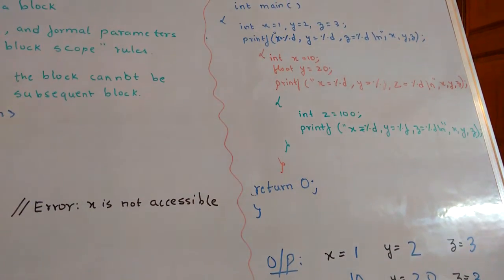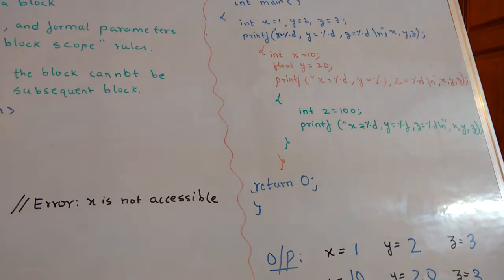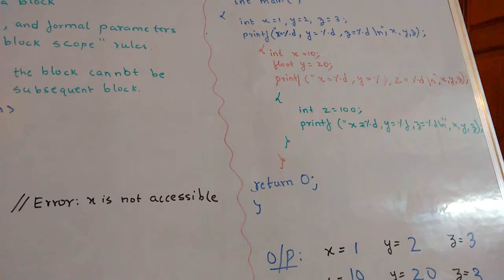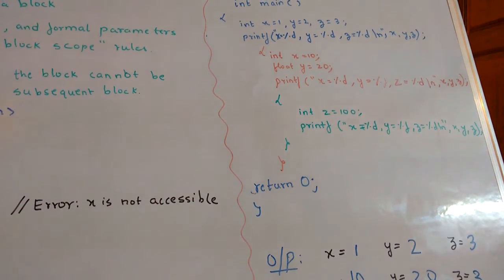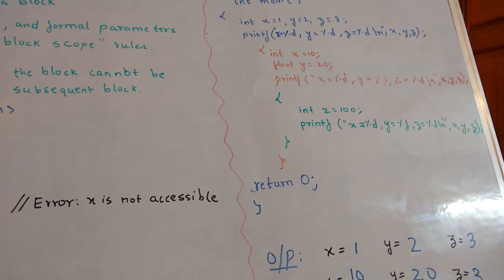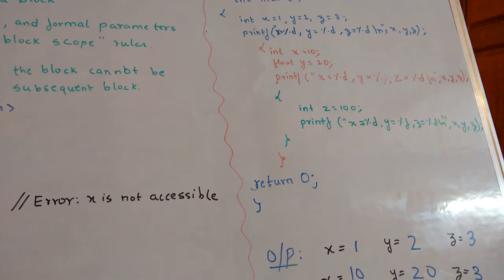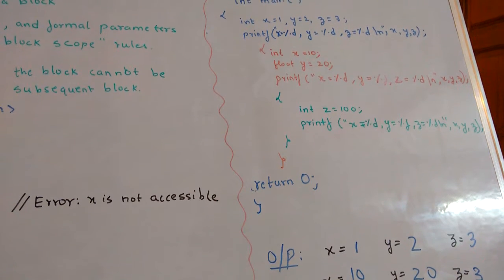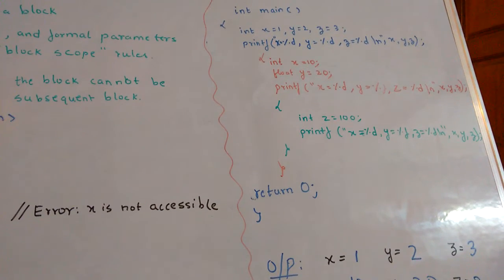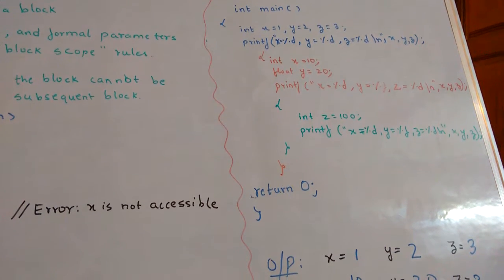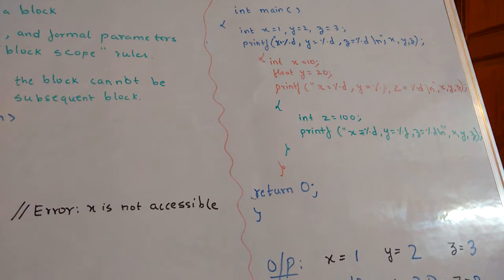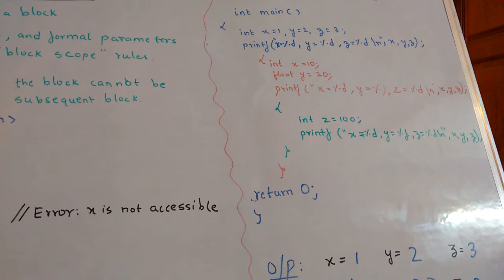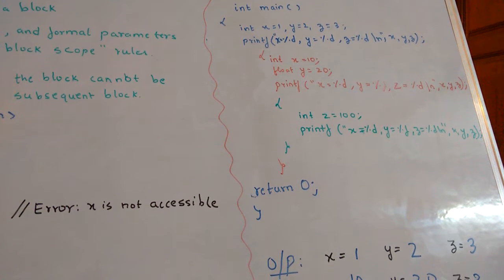After which I have one inner block, the red block, where I open curly braces, in which I have declared a variable x of integer type and assigned 10 to it. Not only that, a new float variable y also I am declaring and assigning 20 to it.